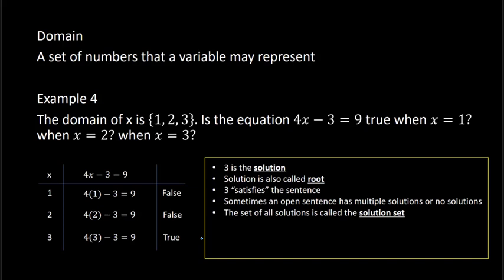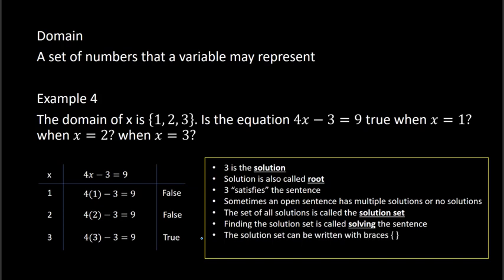When you find the solution set, when you find the answer, that is called solving the sentence or solving the equation. Once you find the answers, you can write the solution set with braces. So in this example, the solution set would be 3 because 3 is the solution. And notice the way we wrote our solution set. We wrote 3 inside of the braces.